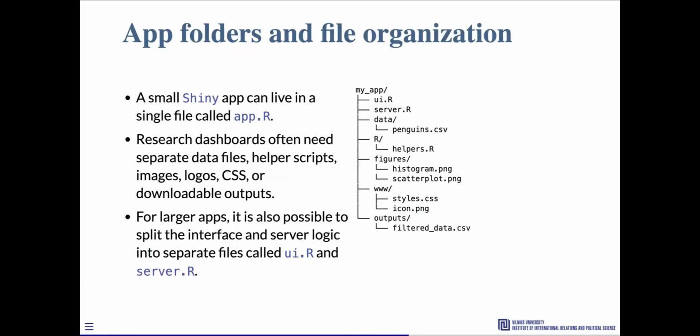Now, how do we organize our Shiny apps or our projects? If you've already created a Shiny app, you'll probably know that sometimes they can get very, very big. In our first example, or in the template that we saw in the video, if you run it, you'll see that it only creates one file called app.